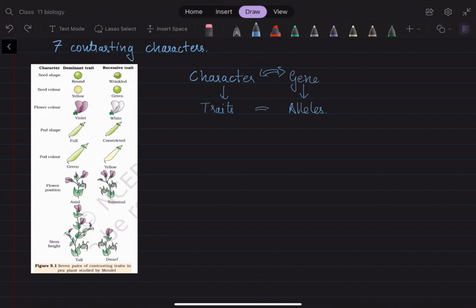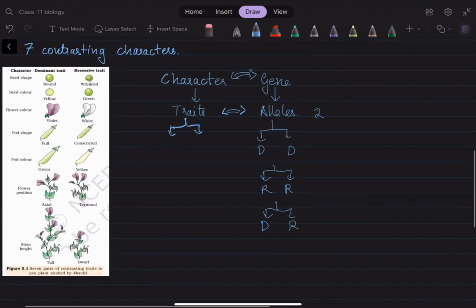Now, what do I mean by dominant? So there are usually two alleles present. In these two alleles, either both can be dominant, or both can be recessive, or either one of them can be dominant and the other one can be recessive.